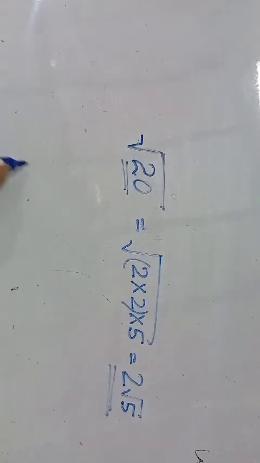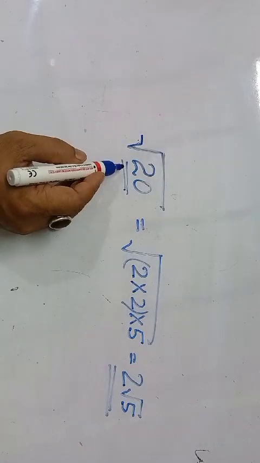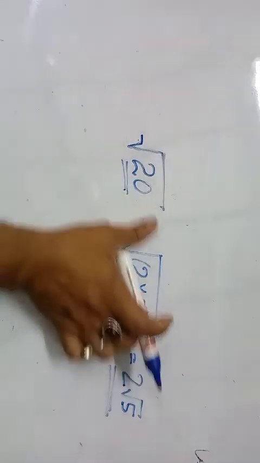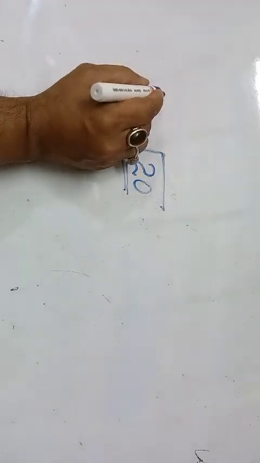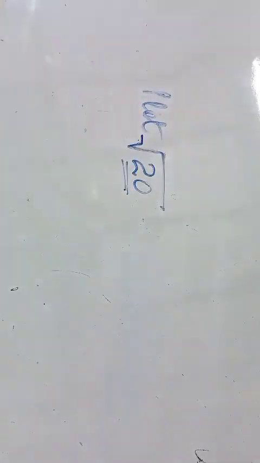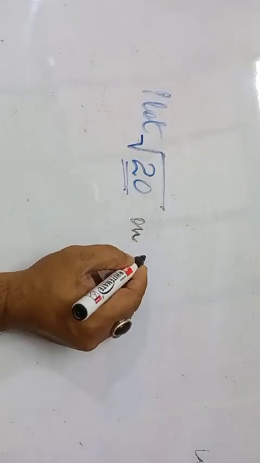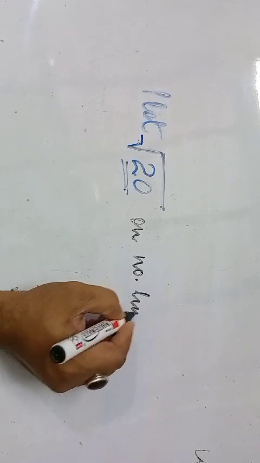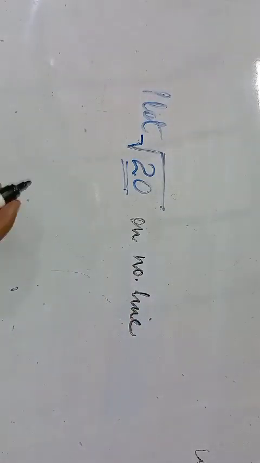So this is an irrational number, and you can plot root 20. Suppose you have this as the question: plot root 20 on the number line. Which number line? The real number line. So how will you do this?